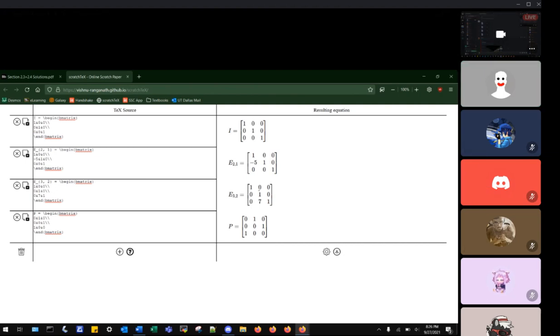So when we have elementary matrices, we multiply them from the left side. Our professor called it pre-multiplication.